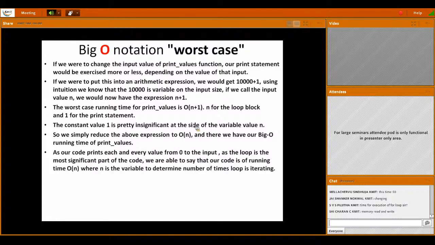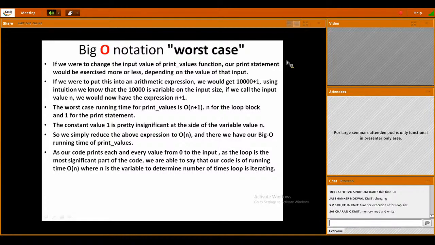So going forward, as our code prints each and every value from 0 to the input, and the loop is the most significant part of the code, we are able to say that our code has running time O of n.